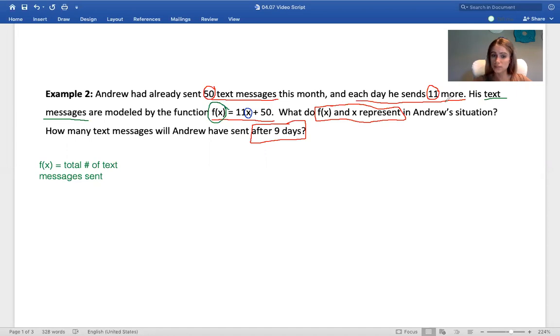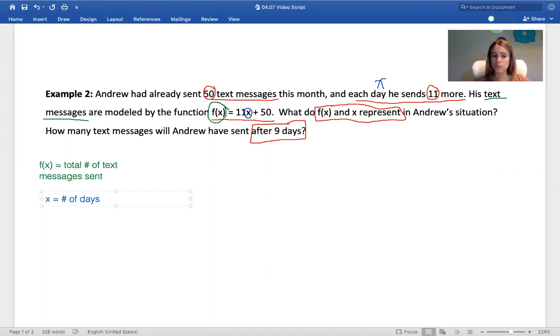So 11 is text messages, so that can't be my x. And it says each day. So that's another way of saying every day, or 11 text messages per day. So therefore, day is my x value. So x is equal to the number of days. All right, that was answering my first question.